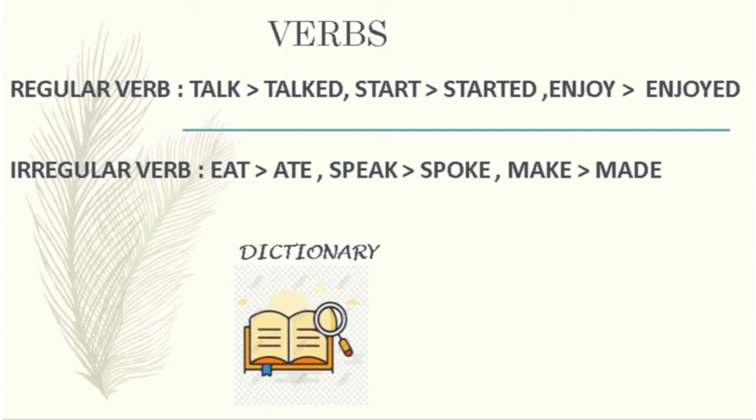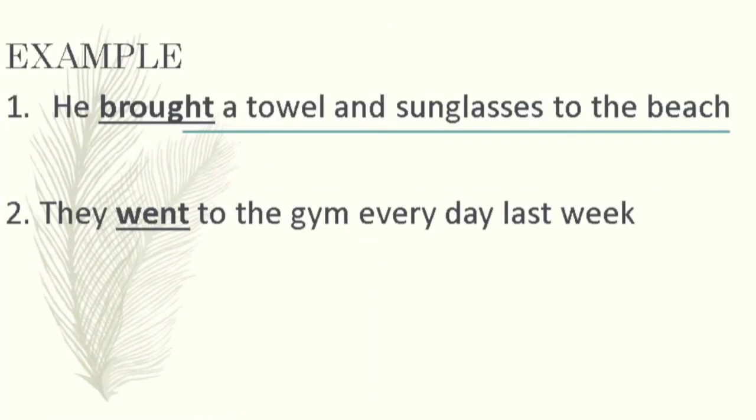So now we have talked about the simple past tense, irregular, and regular verbs. Let's try to use them to make some sentences. I have prepared a few example sentences, so let's take a look. The first sentence is: he brought a towel and sunglasses to the beach.